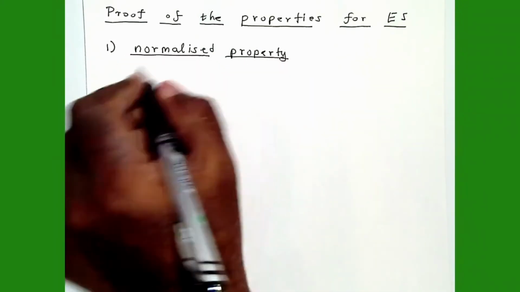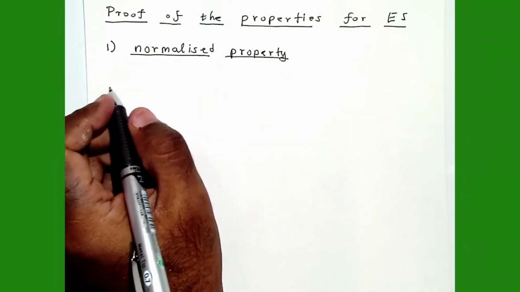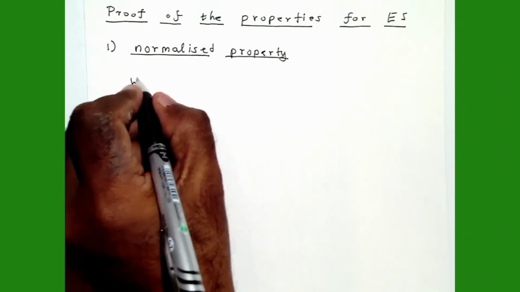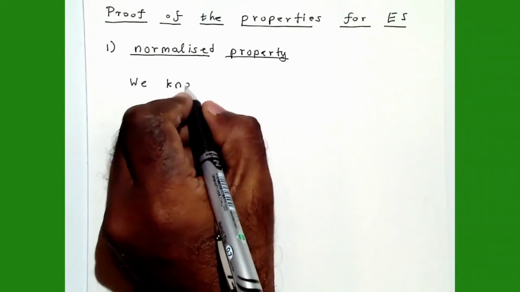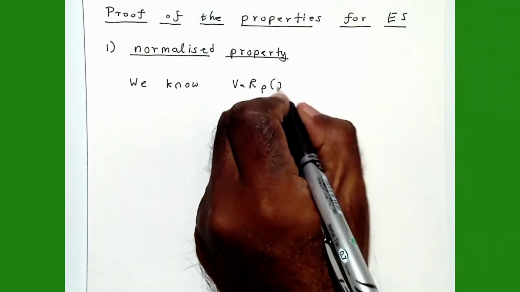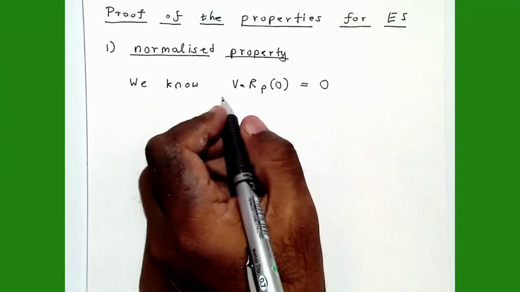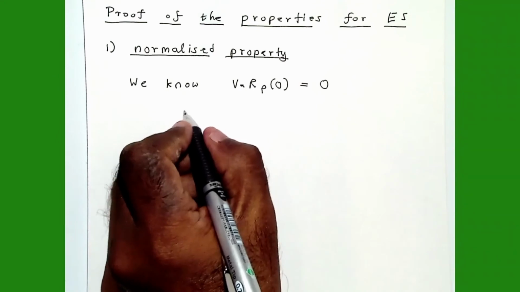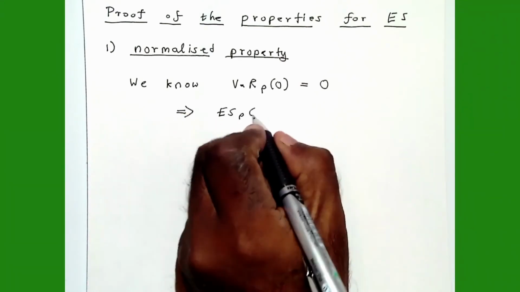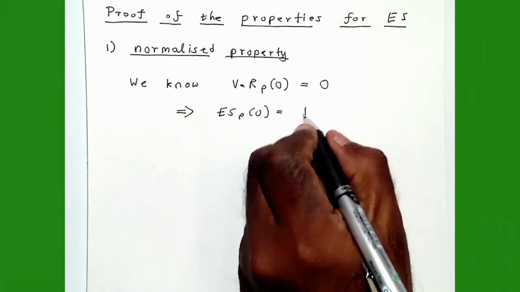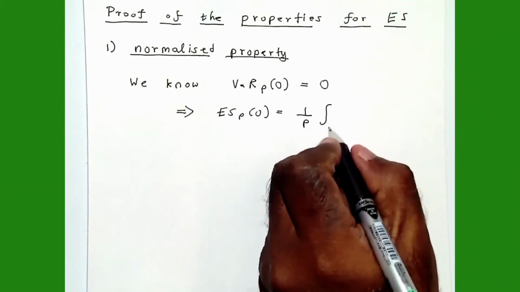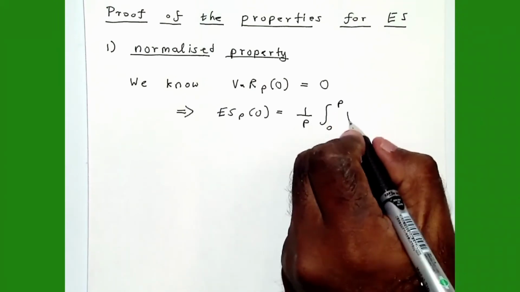Okay. Now we know from the previous proofs that VaR of 0 is equal to 0, right? So hence the expected shortfall at 0, assuming that the variables are continuous, as I did before, this is the formula for the expected shortfall.